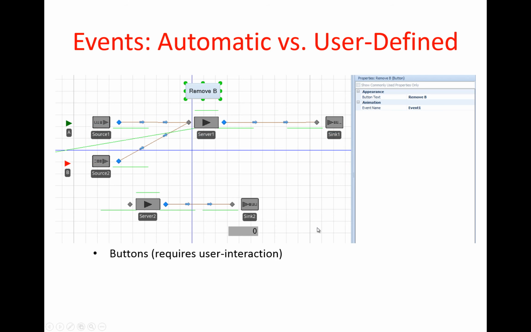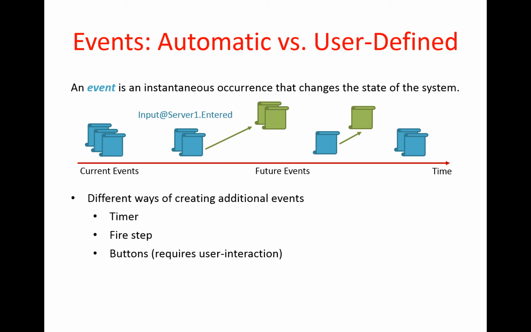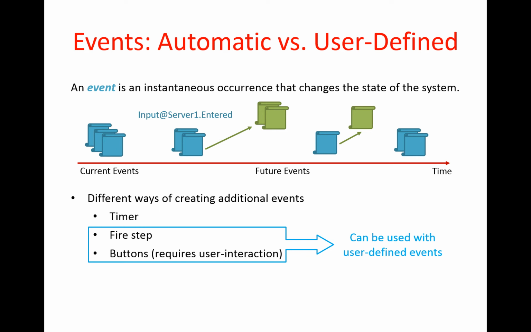So this is an example from the model that we're considering in this video. So whenever we hit the remove B button, the event 1, which is again a user-defined event, happens. So the fire step and buttons can be used with user-defined events. However, like I mentioned, the buttons require actual user interaction with the model.